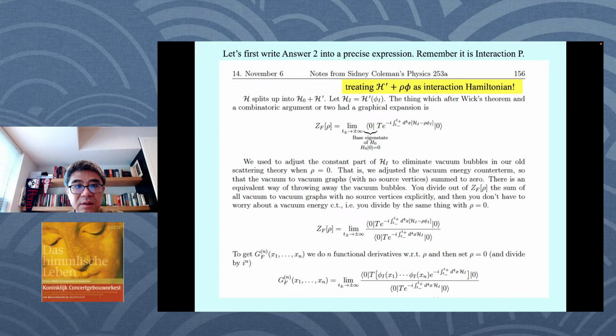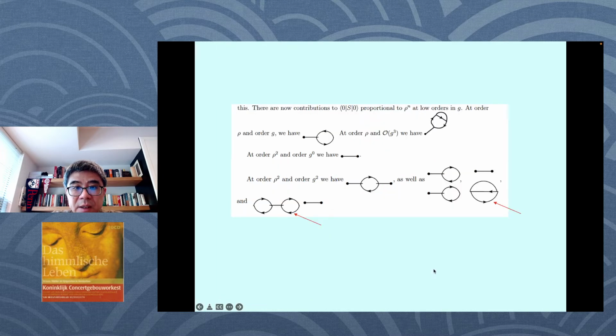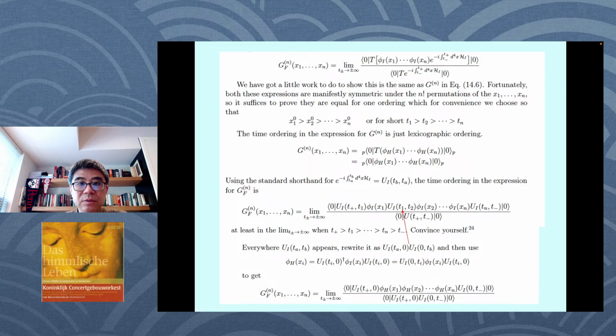Now I have succeeded in writing answer 2 into a more precise form here. Second, next I want to relate this to the Green function in the Heisenberg picture. So what I did is transform this phi I into phi H, the phi in the Green function.